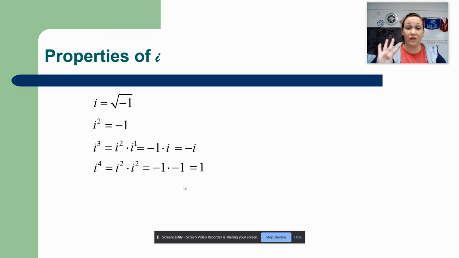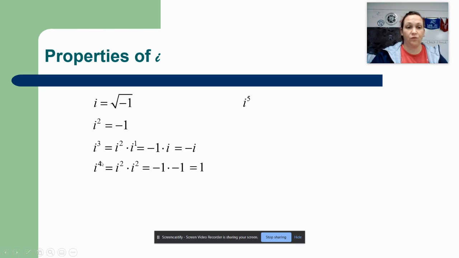Okay, so now we've done the first 4. Let's keep going and see what happens next. Let's do i to the fifth. The really cool thing that starts happening around i to the fifth is that you can use i to the fourth, which is essentially just the number 1, and then multiply it with i to the first.